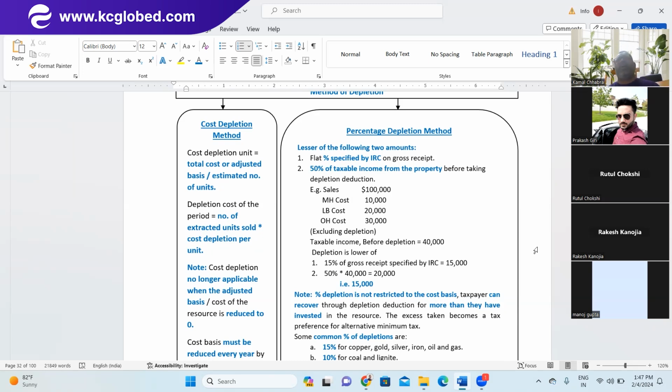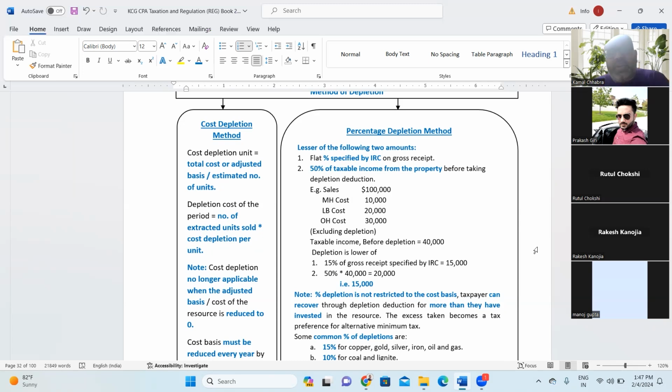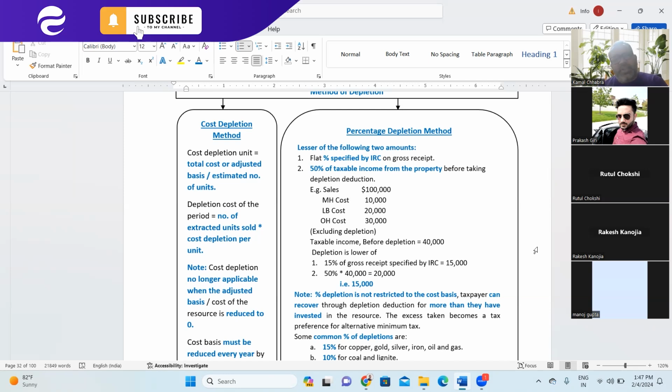When it is difficult for the certified engineers to identify how much of the resources will be there in the respective mine, the government, the IRC, has issued a specific rate for each specific category of mine. For coal mines it is something, and for gold mines, lithium mines, silver mines, iron mines, and oil wells, certain percentages are defined, right? So you can use that percentage straightforwardly.